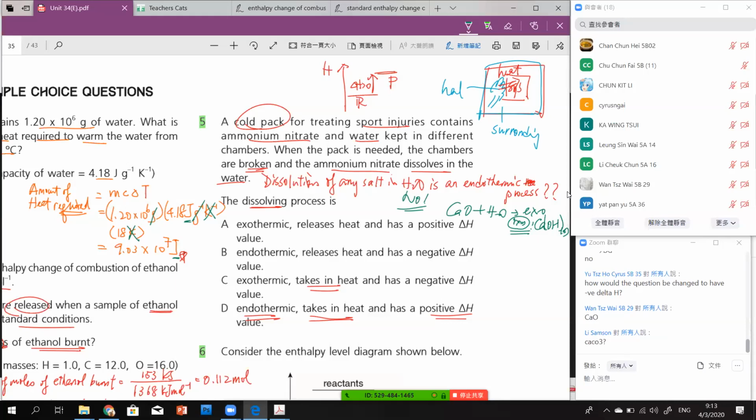Calcium carbonate is water soluble. Samson Lee, calcium carbonate.